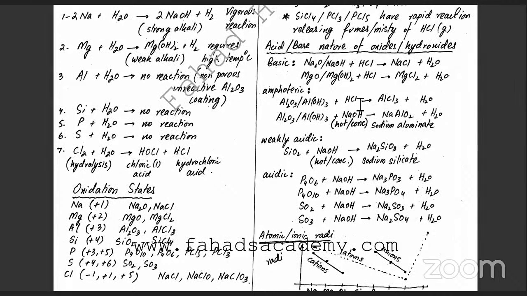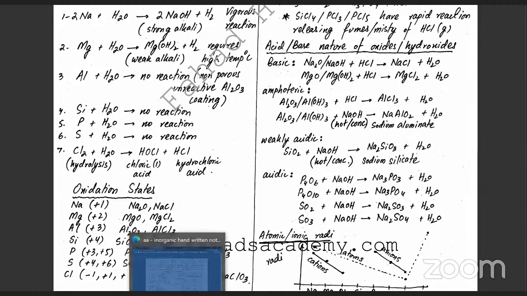It can react with HCl, and it can also react with NaOH. And SiO2 is weakly acidic, so you need hot concentrated NaOH. Phosphorus oxides and sulfur oxides are strongly acidic. They're capable of reacting with dilute NaOH as well. So remember which of your oxides in period 3 are acidic, which are basic, and which are considered to be amphoteric.